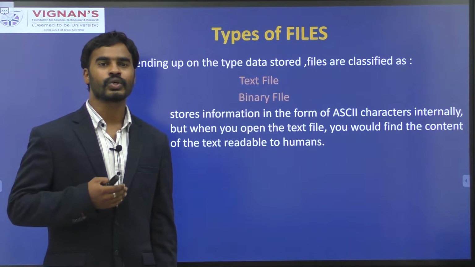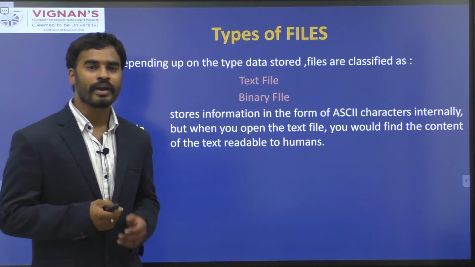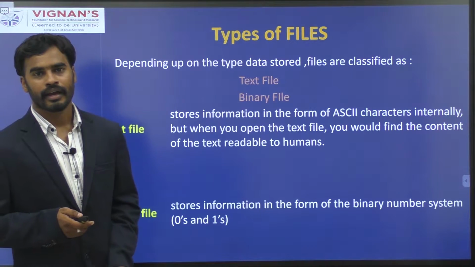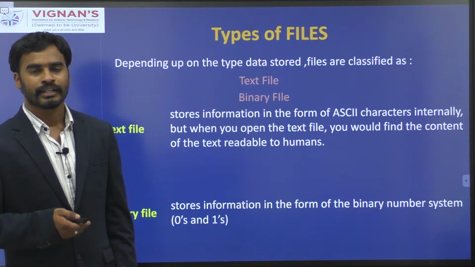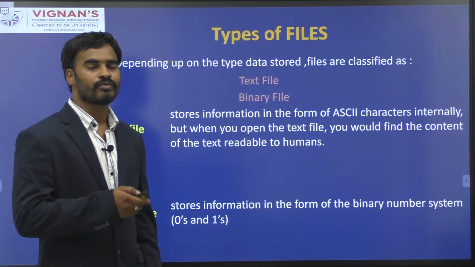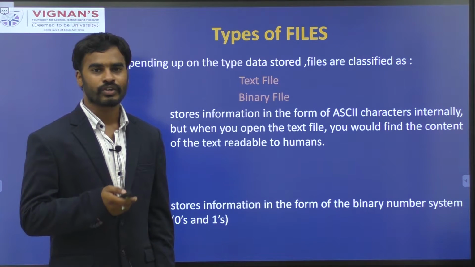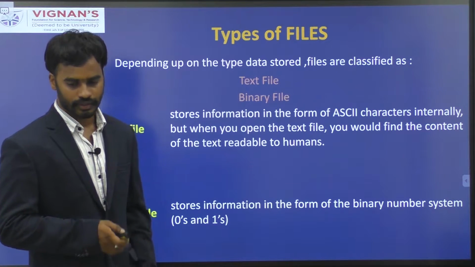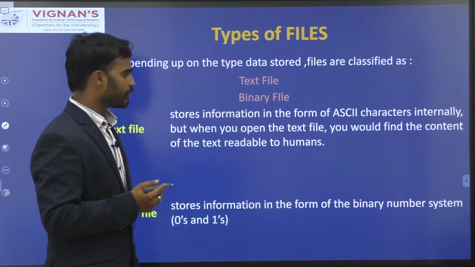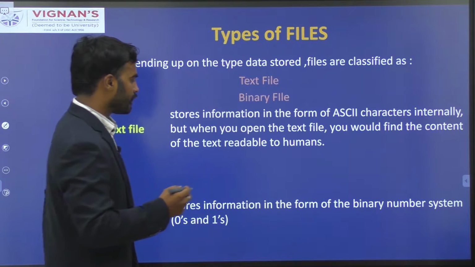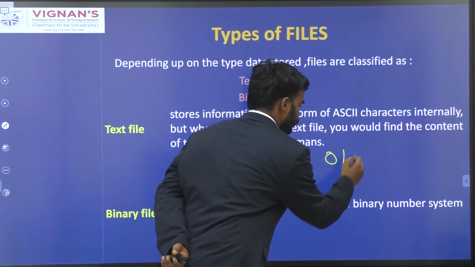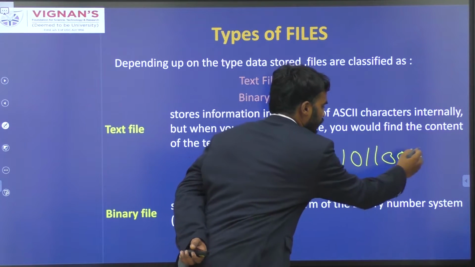The data stored in text files is in human readable format, and the other type is binary files. In binary files, the data is stored in terms of ones and zeros, and it is not in human readable format.